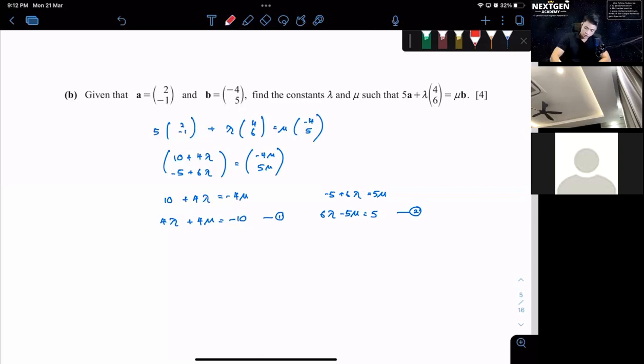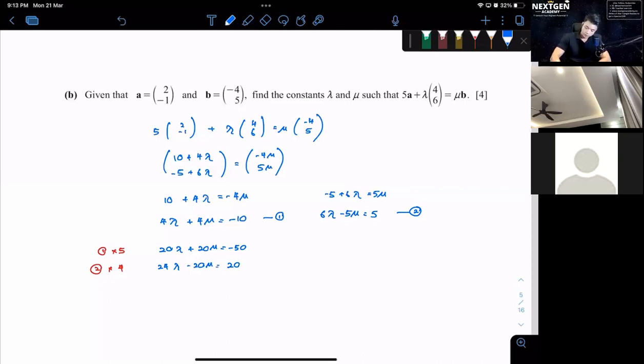So for elimination, I will do the first one times 5, the second one times 4. I get 20 lambda plus 20 mu equals to negative 50, and then 24 lambda minus 20 mu equals to 20.